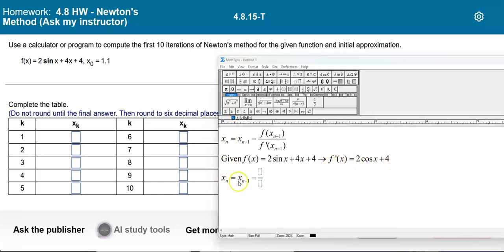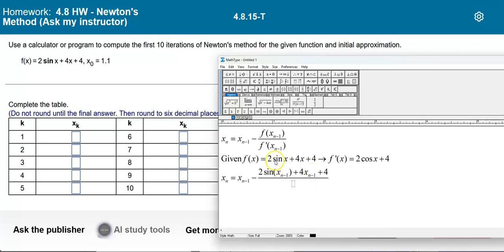So x sub n equals x sub n minus 1 minus f of x sub n minus 1. We use the f of x function, and anytime you see the x, you replace it with x sub n minus 1, then plus 4x, where again x is x sub n minus 1, and then plus 4.